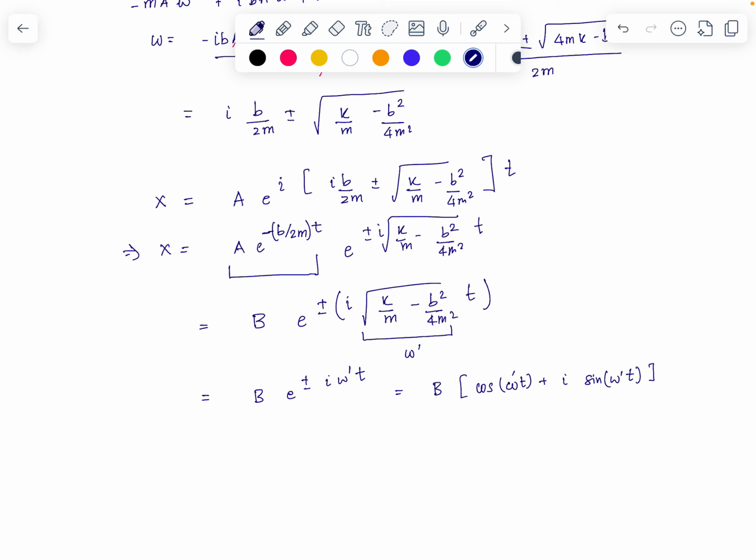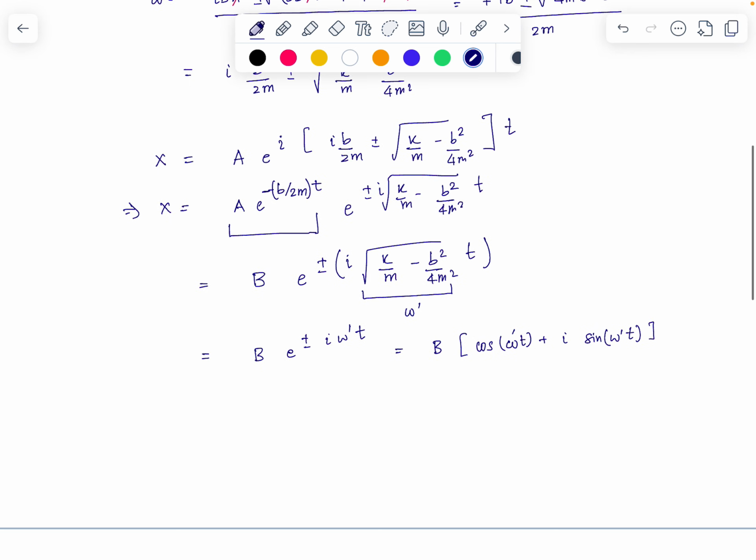More generally, if the initial phase is phi, we can write this as b times cosine of omega prime t plus phi, plus I times sine of omega prime t plus phi. We can also have two initial phases, phi one and phi two, but this is just a demonstration, so we'll not worry about that right now.